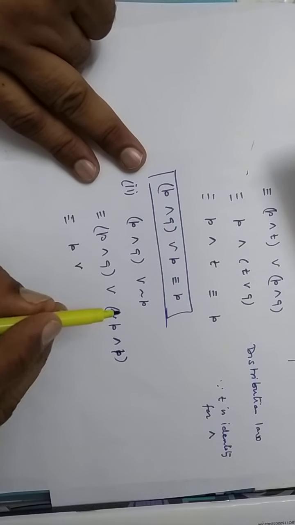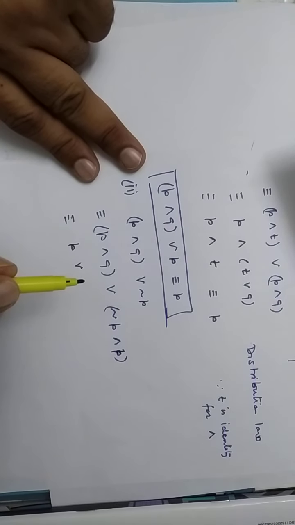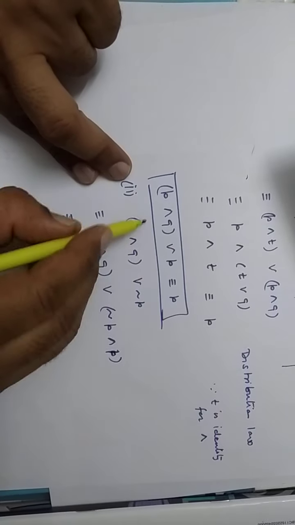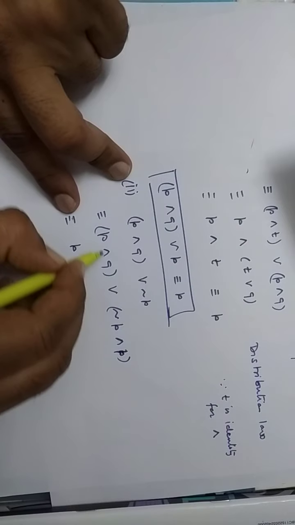Yes, here something is wrong in the question. Q is the contradiction. Q is fallacy. The statement in the given question, here it is also the given.